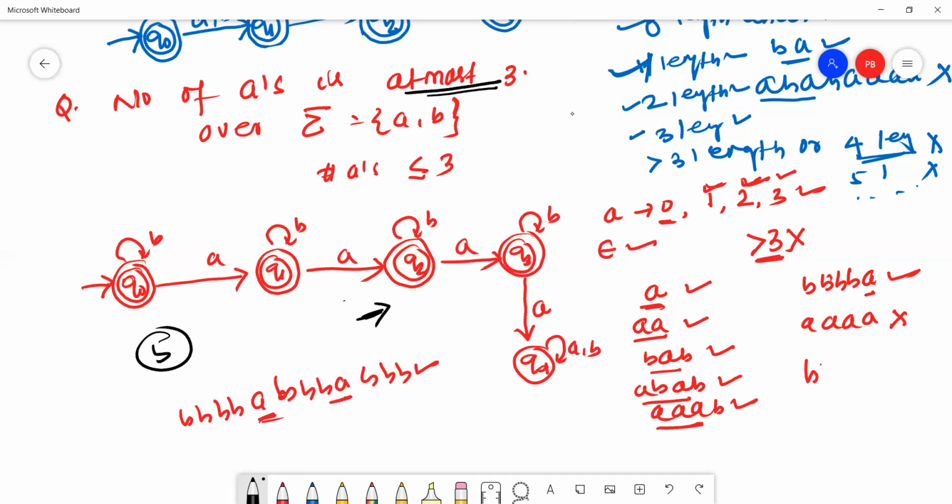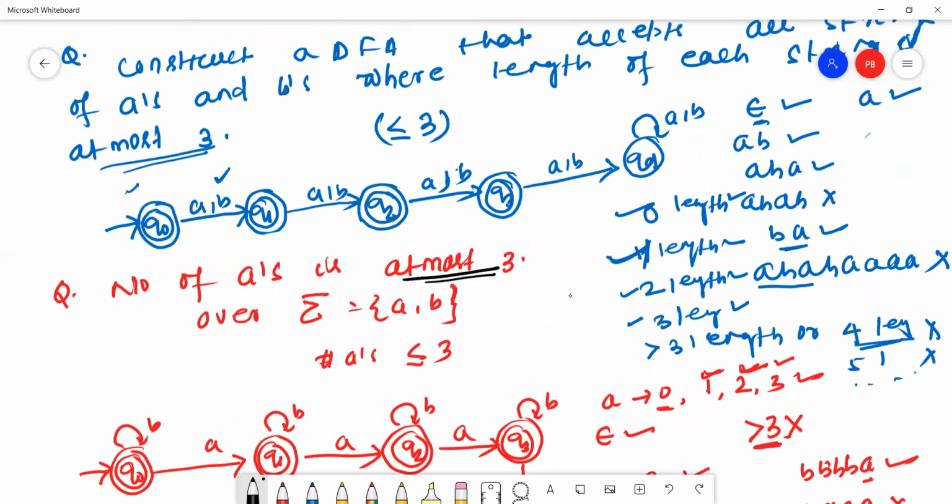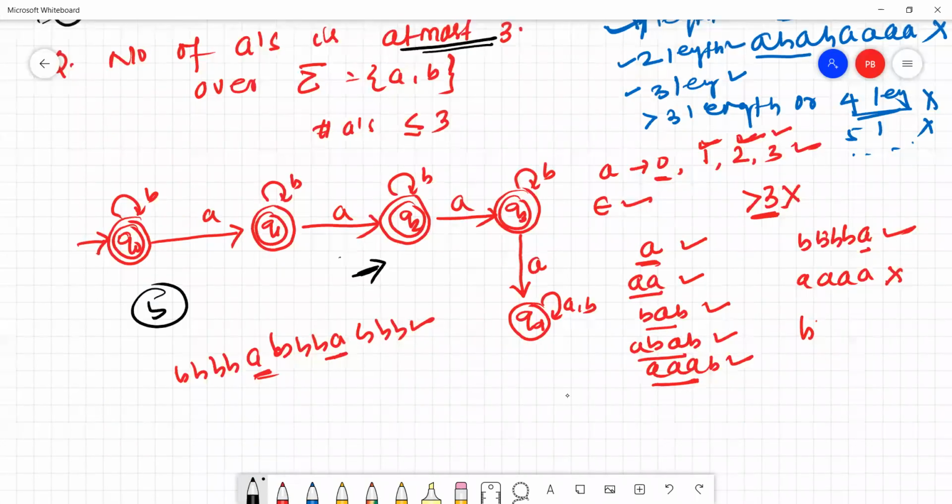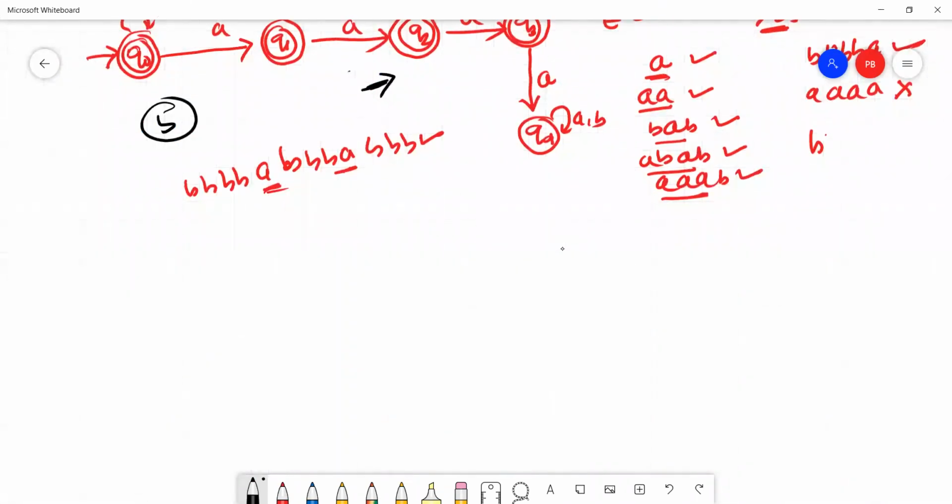In the previous case, the strings over a and b, where length of each string is at most 3. At most 3 means 3 plus 2, the total number of states equal to 3 plus 2 equal to 5. So we can take one note point.